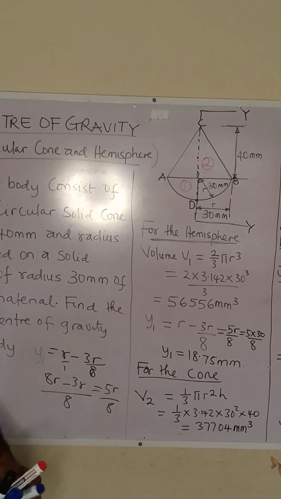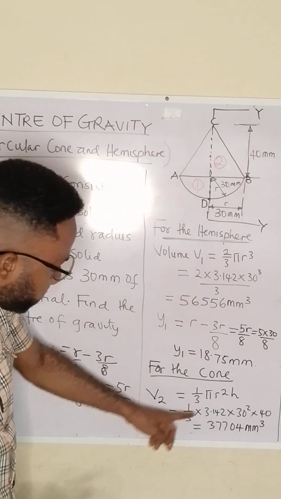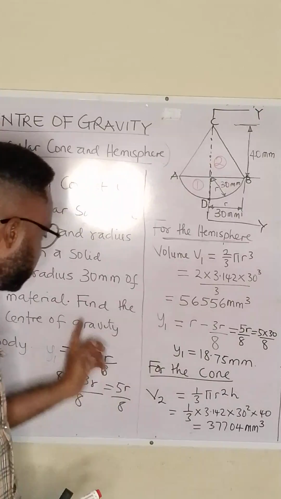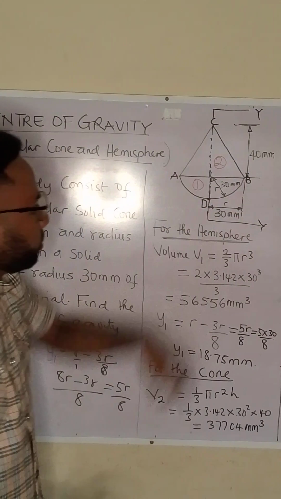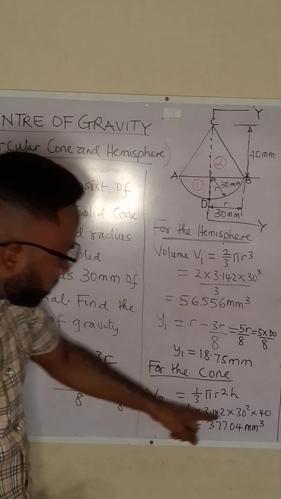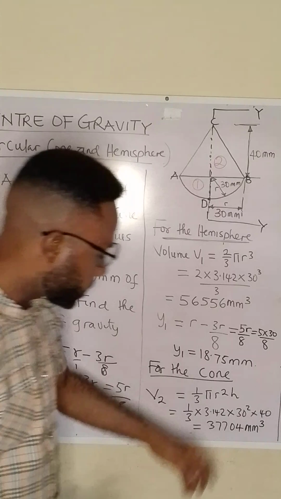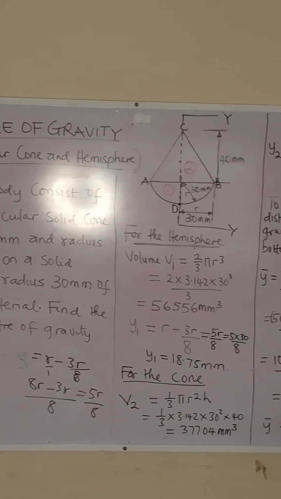So we bring in the values. Our pi is 3.142. The radius was given to be 30. We raised it to power 2, and the height was this. And so when you do this mathematics, you are going to have 37,704 millimeter cube, because we are dealing with volume.